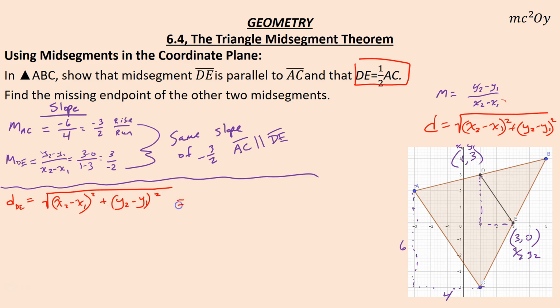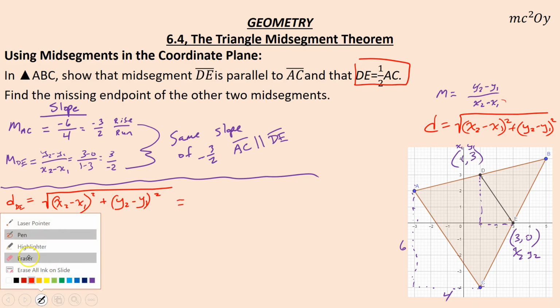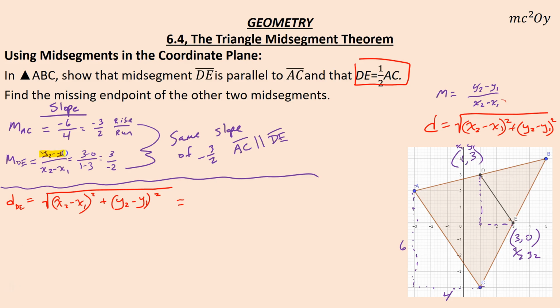So note, that means that this and this are the same thing, and we know that that was 3. So really, when I'm looking at the square root, back here I have a 3 in there, and it's being squared. Now you can actually plug in the points, but that's what you get. You already plugged in the points up here.